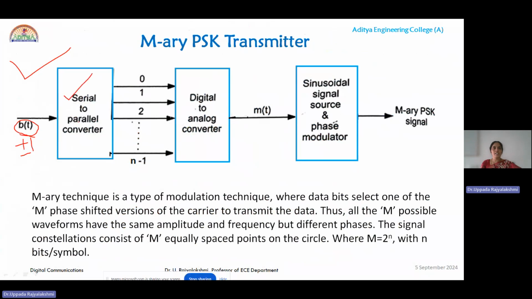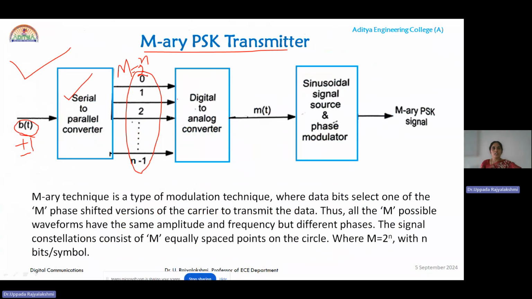So the serial data is converted to parallel data, and at a time you are sending n bits. Here you are grouping n bits, where capital M is represented as 2 power n. So you will have M phase changes. That's why it is called M-ary PSK. You are grouping a small n number of bits, where M is the number of phase changes.